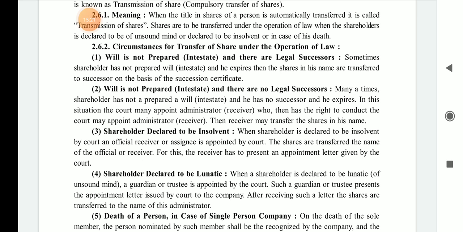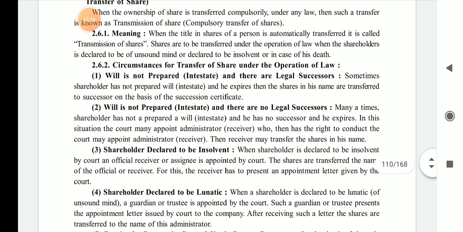See, a will is a kind of document, or you can say a kind of statement of the assets of a particular person, and the person has not prepared the will and he has a legal successor.